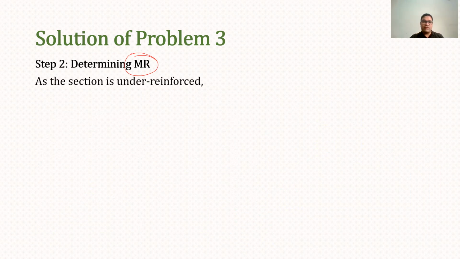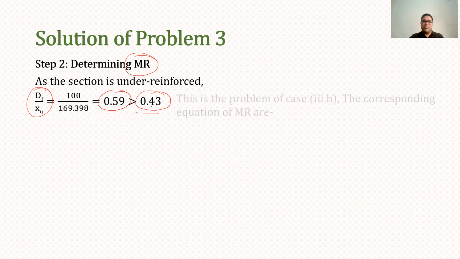That will be found out only when we find the ratio DF by XU. By putting the value of DF and XU, we get the value 0.59, and you can see this value is greater than 0.43. So our initial assumption of DF by XU ratio greater than 0.43 is correct. So it belongs to problem 3B.